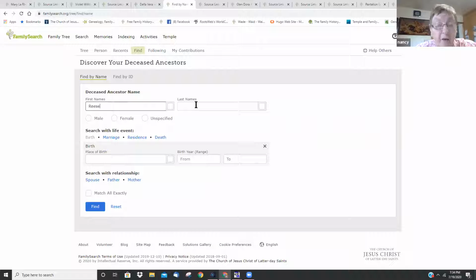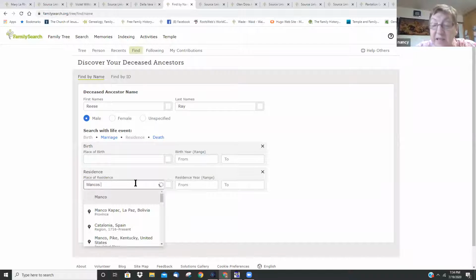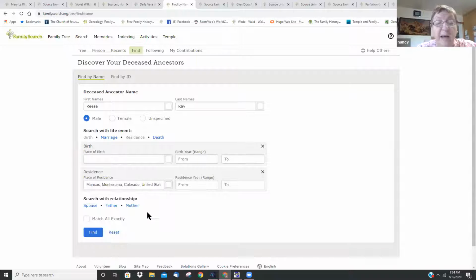Reese Ray, a male, and a residence. I can say that he was living in Mancos, Colorado, because that's what the census said. I can go here, Mancos, Montezuma County, Colorado, and that was in the 1910 census.